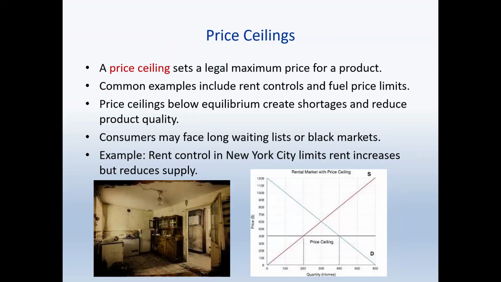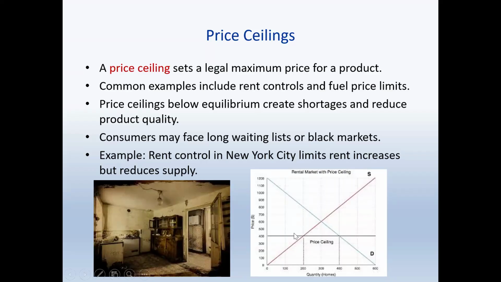For instance, during a hurricane, the government may try to intervene by putting a price limit on essential goods like toilet paper and also construction goods like lumber. While these price ceilings seem to help people in need, they actually create distortion in the market.